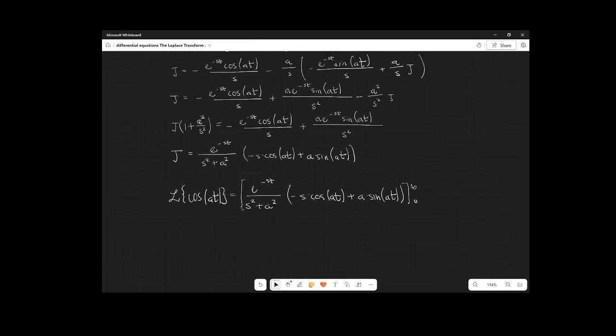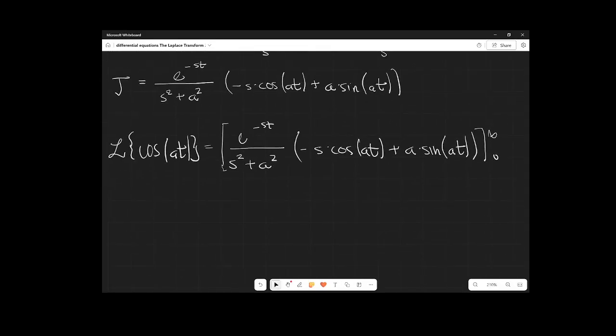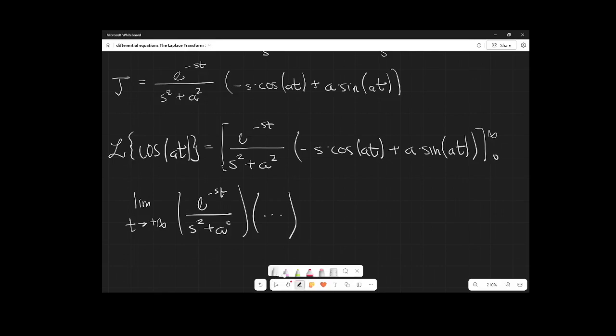And we basically can just evaluate the upper limit by taking the limit as t goes to positive infinity of e to the negative st over s squared plus a squared times all of that. It doesn't matter because e to the negative st as t goes to positive infinity is just going to go to 0, which makes that 0, which makes this 0.